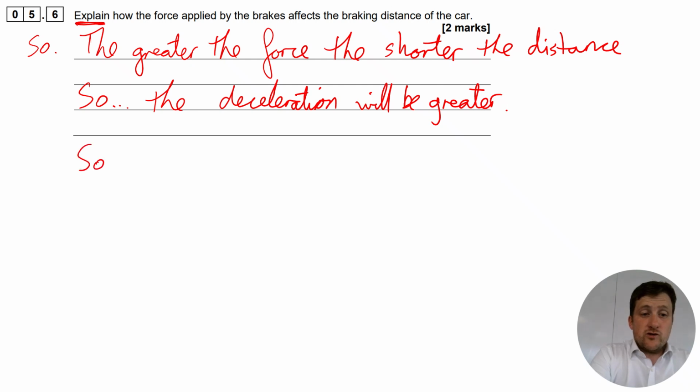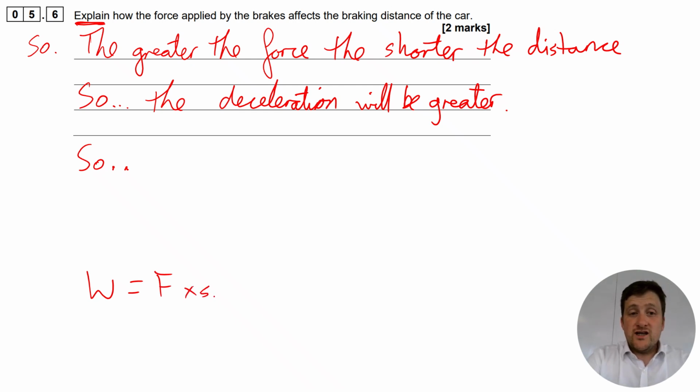You can do a "so" instead and link it to our equation which we just did, which was work done equals force times distance. Well, if we said the greater the force, the shorter the distance, that is because if force increases and distance decreases, that means work done is going to be the same.